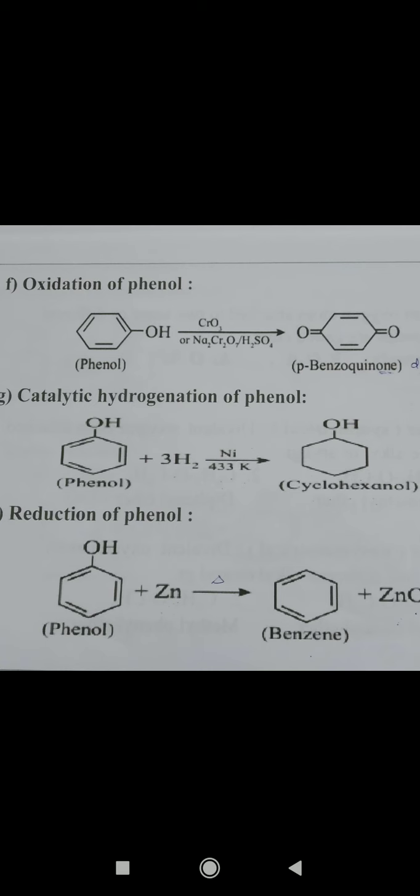Phenol reacts with zinc and forms benzene along with ZnO. So it gives us benzene formation with zinc dust. So friends, these are the reactions of alcohols and phenols, the chemical properties of alcohols and phenols.